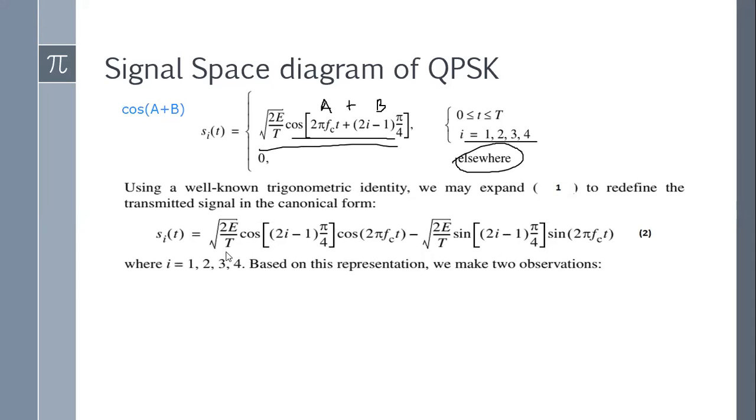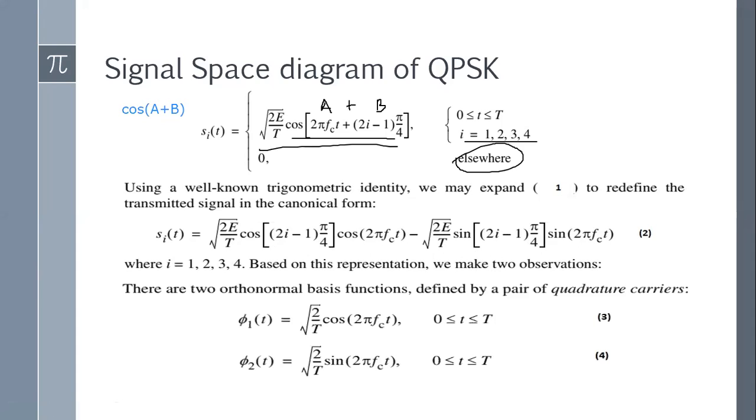Now if we look closely at these two equations, we see cos 2 pi fct and sin 2 pi fct, and we see cos(2i minus 1)pi by 4 and sin(2i minus 1)pi by 4. So from this equation we make two observations very clear.